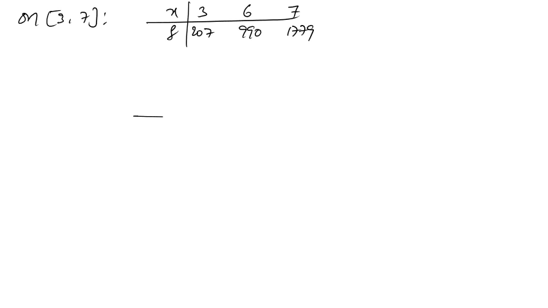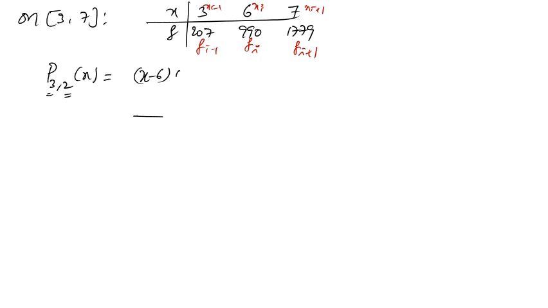Now on the last interval 3 comma 7, what is the data? X versus f: 3, 6, 7, and function values 207, 990, 1779. This is xi minus 1, xi plus 1, fi minus 1, fi plus 1. Therefore the third polynomial: 2 stands for quadratic, 3 stands for the third polynomial in the third interval.